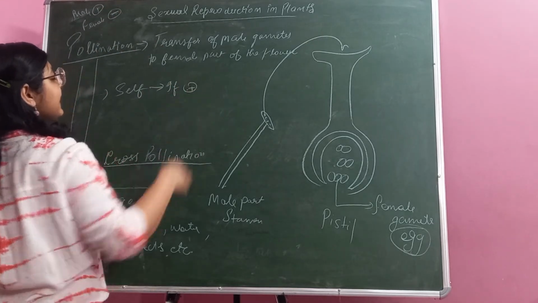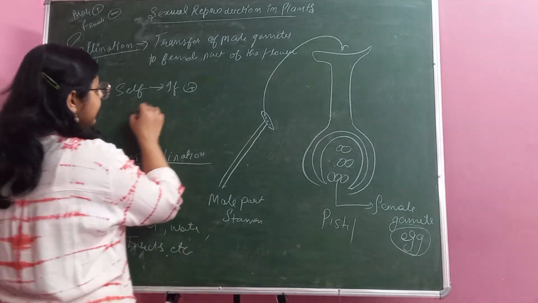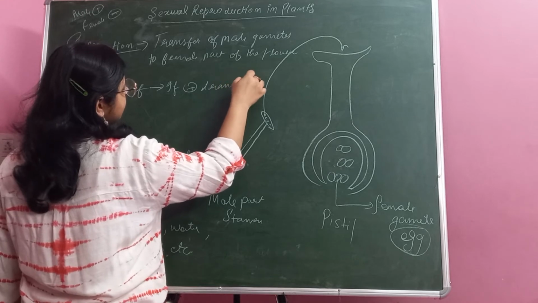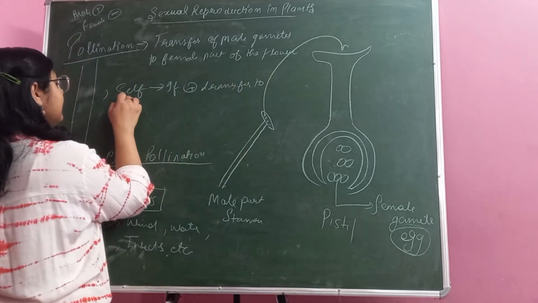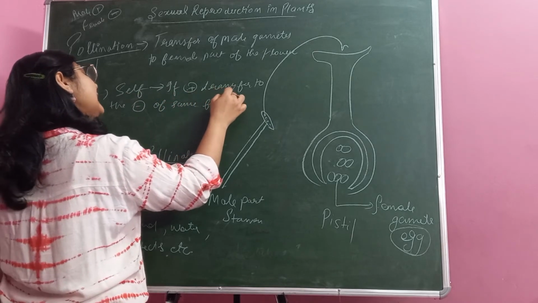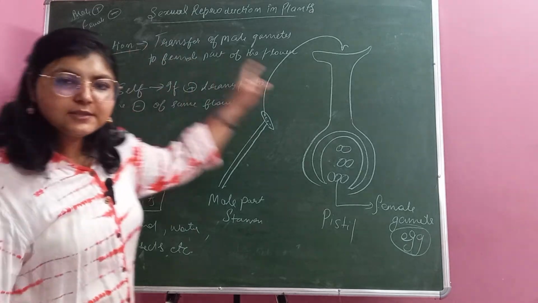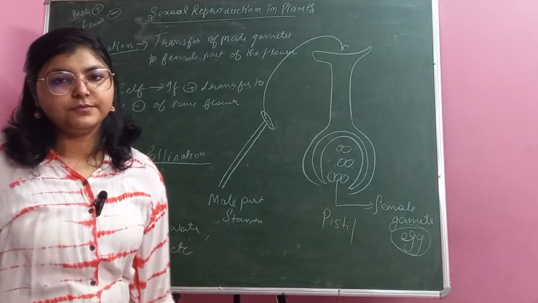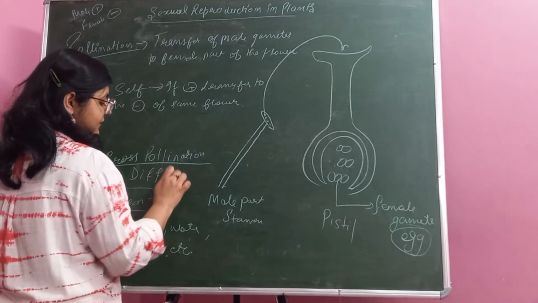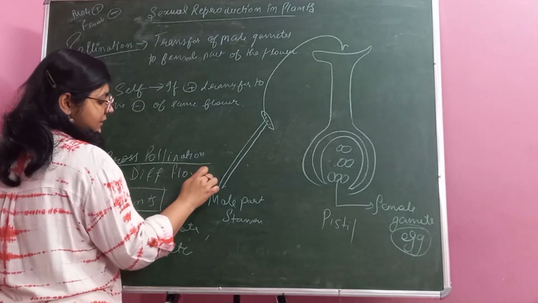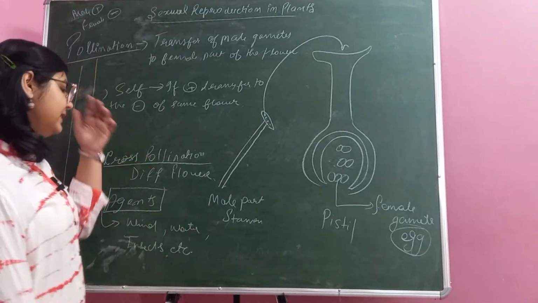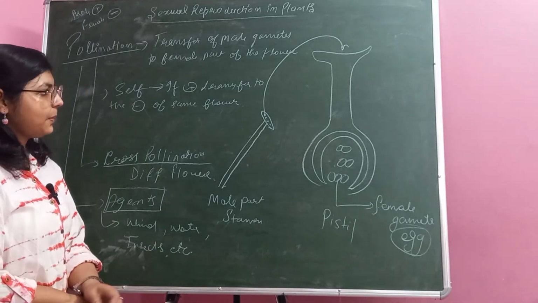So see, if male gamete transfers to the female gamete of same flower, एक ही फ्लावर है, उसी में ट्रांसफर हो रहा है, that is self pollination. And if it happens in different flower, it is called as cross pollination. पढ़ चुके हैं आप ये चीज already, it's a very common information.